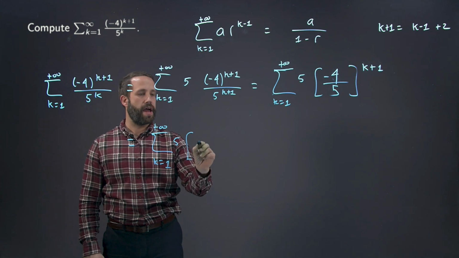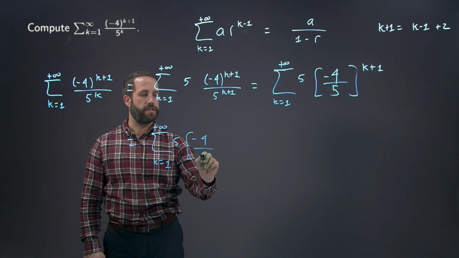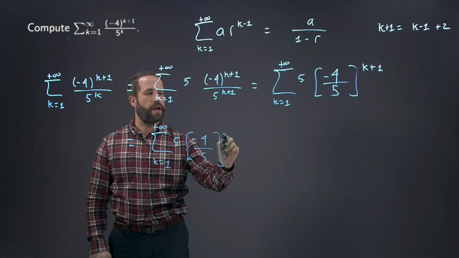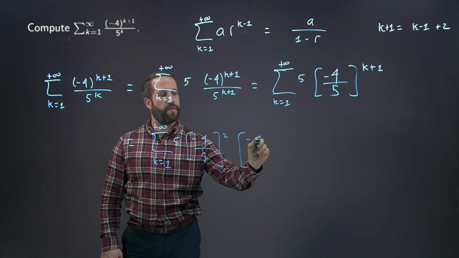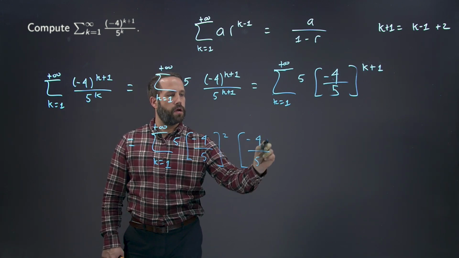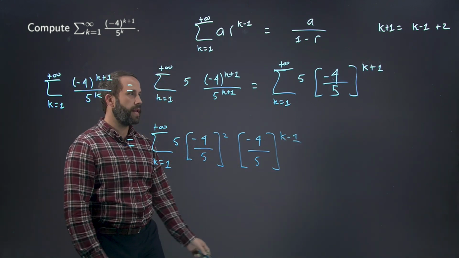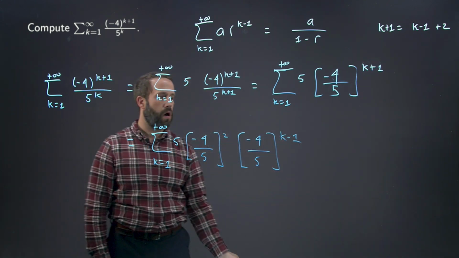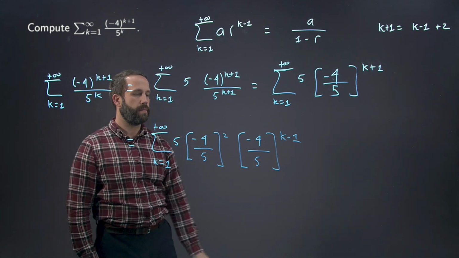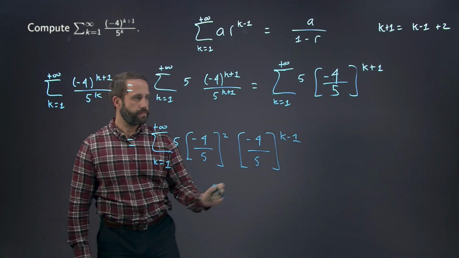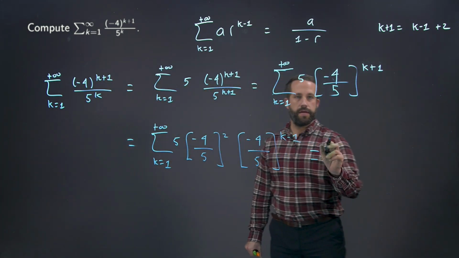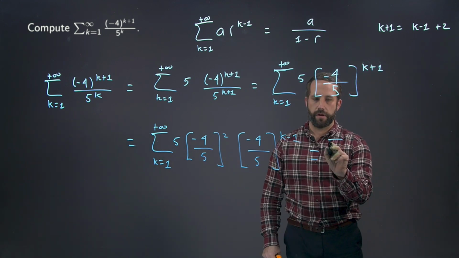I'm going to have my 5. I'm going to have my minus 4 over 5 squared. I'm going to have my minus 4 over 5 to the power of k minus 1. And again, I'm just using the fact that k plus 1 is equal to k minus 1 plus 2. Now I can make this look a little bit nicer.